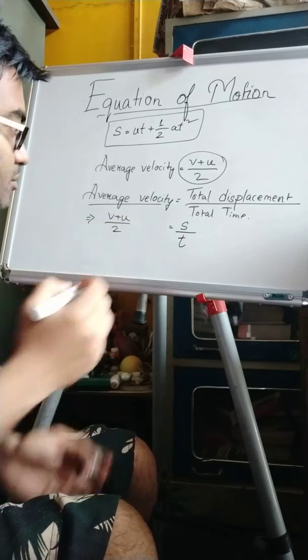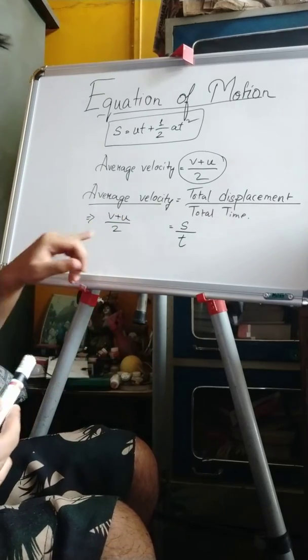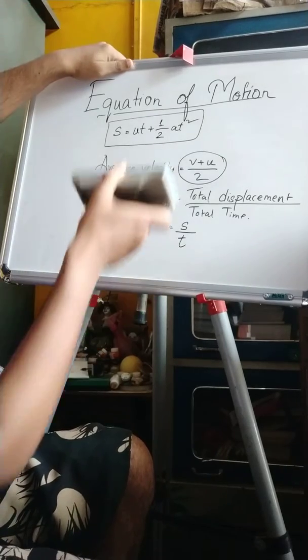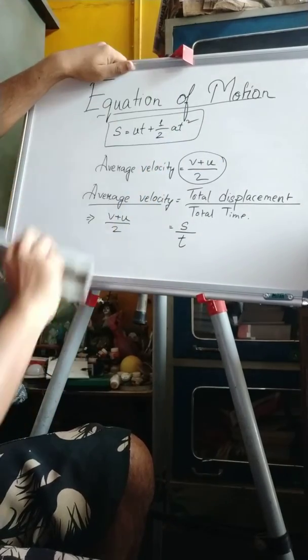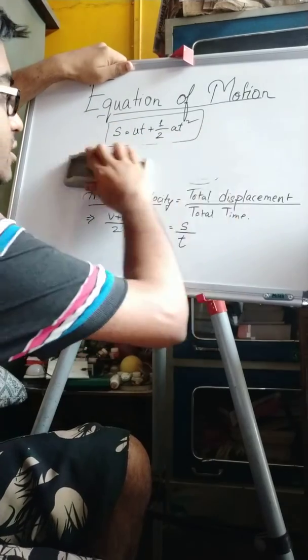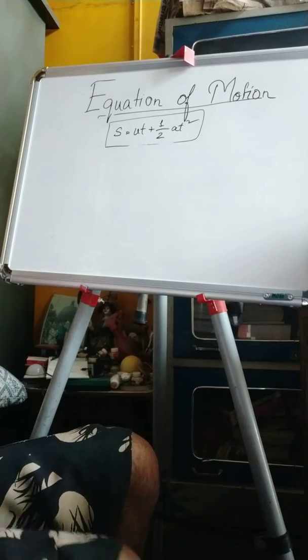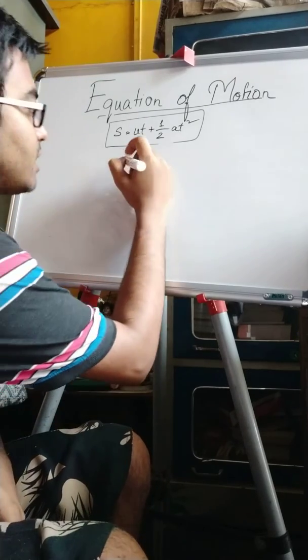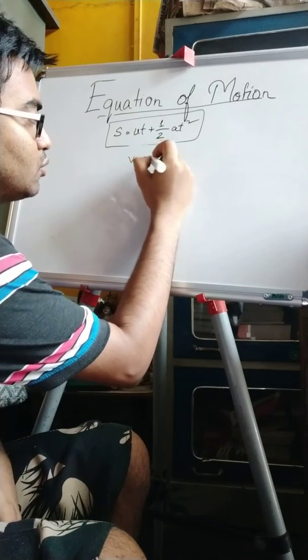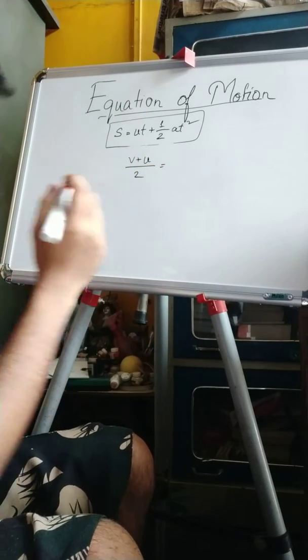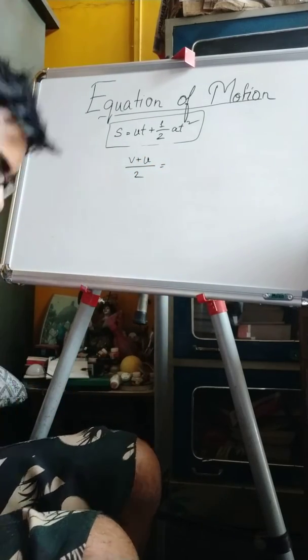I think there will be some problem in writing down this formula or calculating this, so I am going to just erase it. Just keep this in mind, okay? So we can write that v plus u by 2 is equal to, just a moment, something wrong happened.